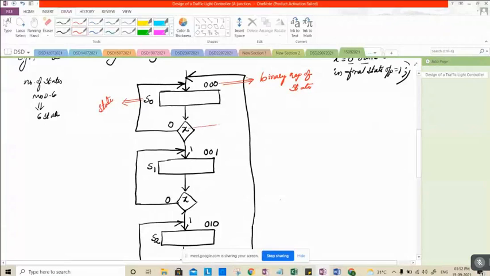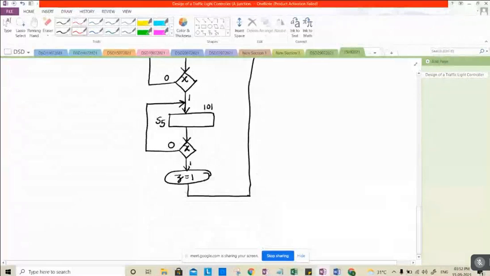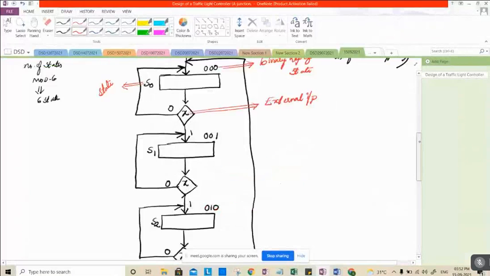What is x here? External input. Right, this is external input. Now what is z here? Output, or external output, whatever it may be. It's output.